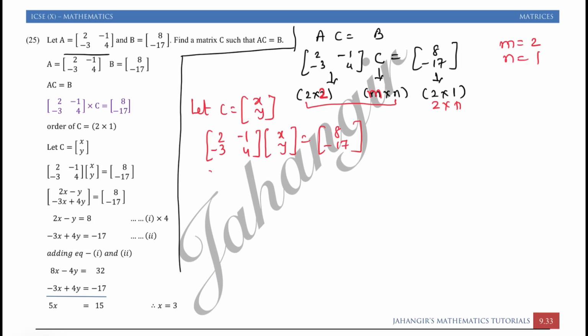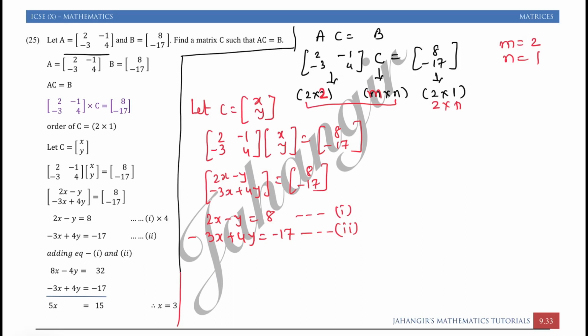So now multiplying, what will I get? 2 into x, 2x minus y; minus 3x plus 4y is equal to 8 and minus 17. So now equating: 2x minus y is equal to 8, and minus 3x plus 4y is equal to minus 17. This is the first and this is the second.